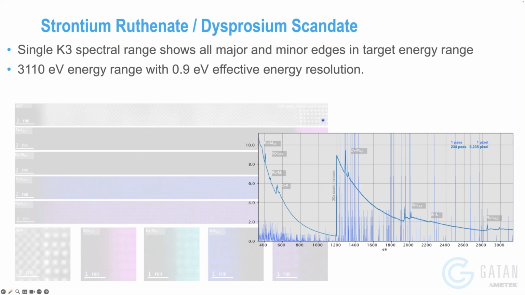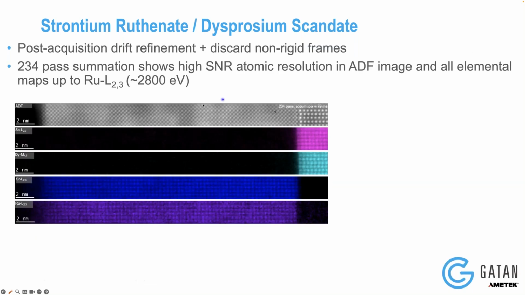This kind of dose fractionation for EELS is something we now acquire as routine, with the flexibility of being able to discard bad frames and do drift refinement at the end. It's very compelling. It makes these experiments night and day different. Maybe I'm not surprised anymore because I've done it so many times.